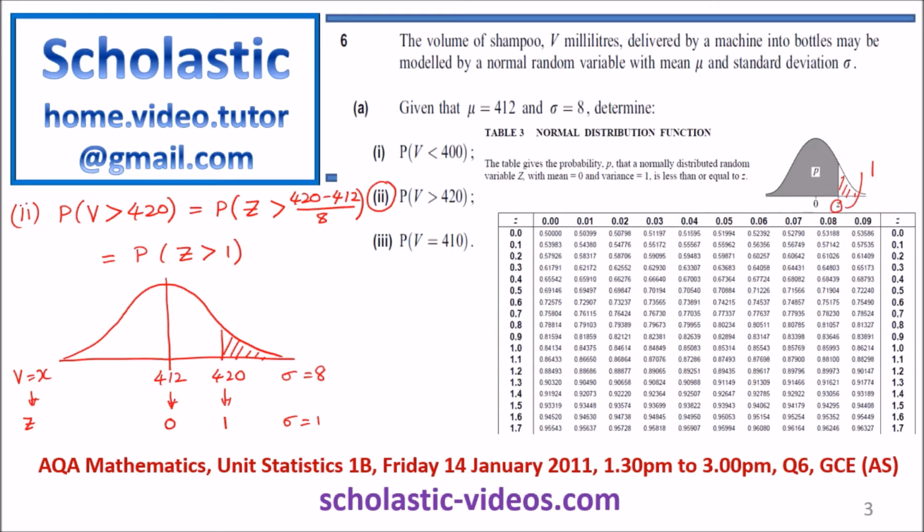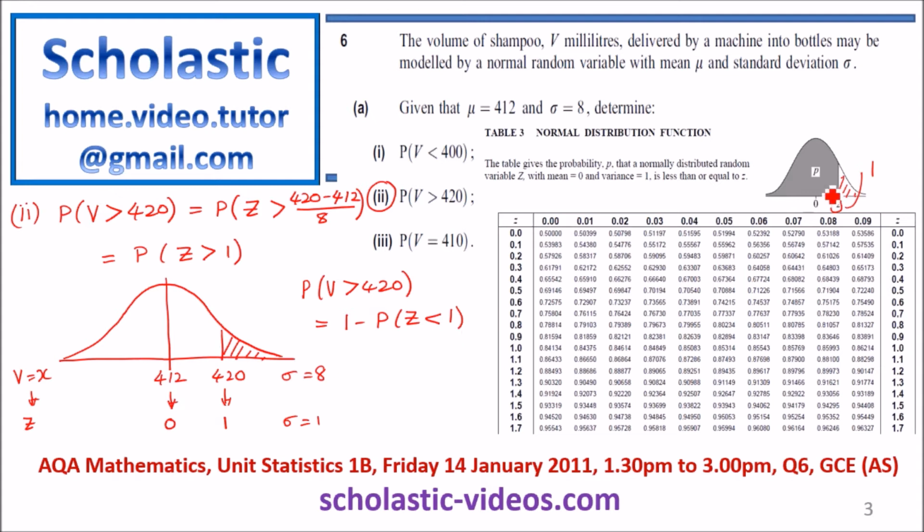But what we can find from this table is z less than 1, and then take that away from 1, since the total area is 1. So the probability of v greater than 420 is equal to 1 minus probability of z less than 1.